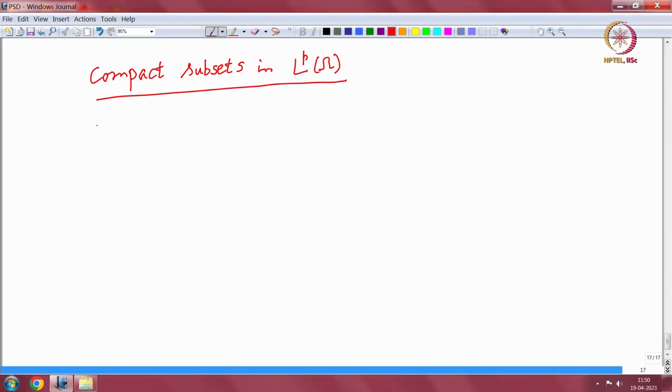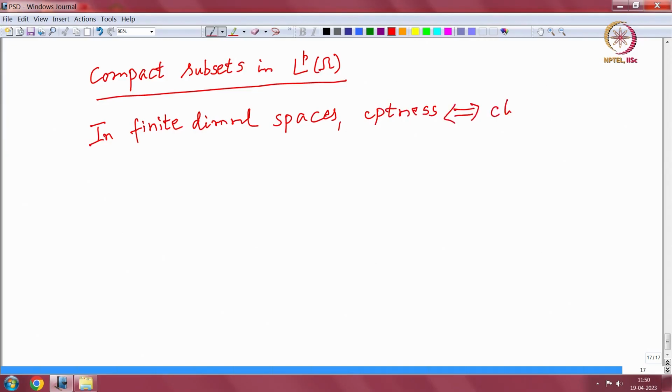In finite dimensional spaces like Rn, compactness is equivalent to closedness and boundedness.